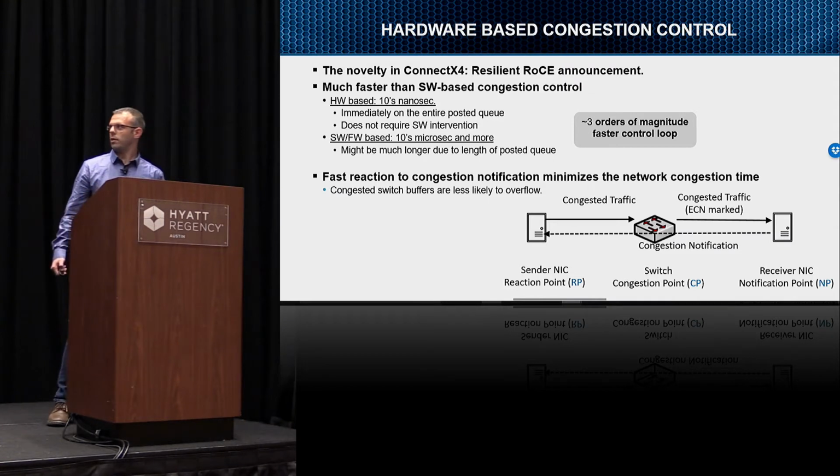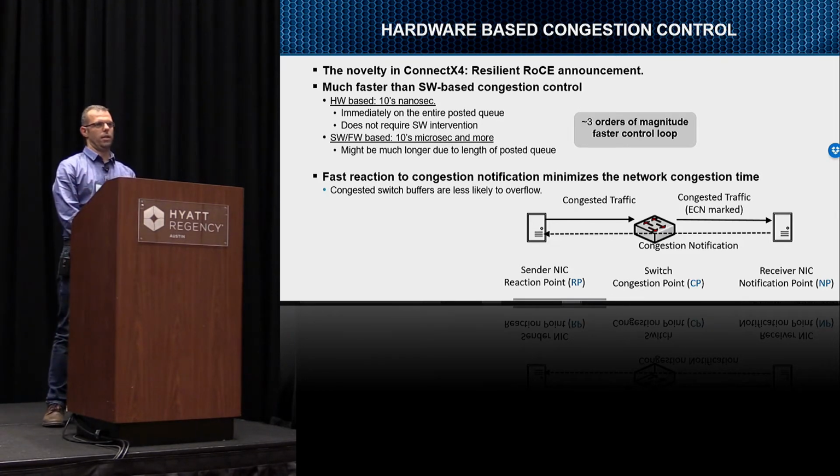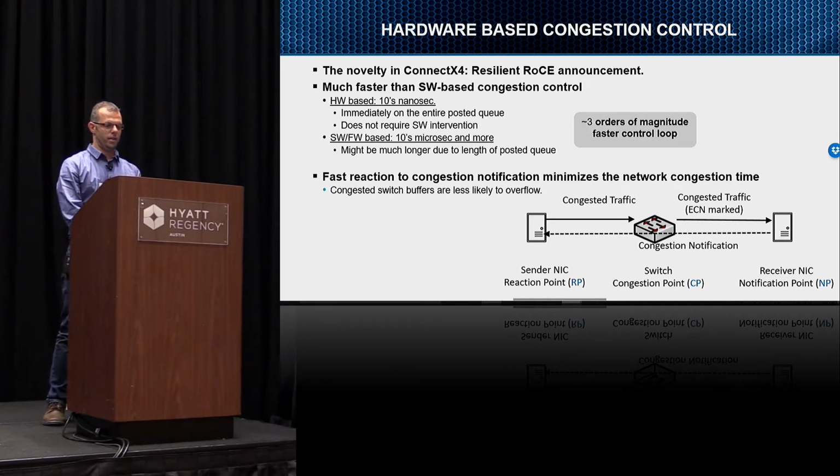So there are several orders of magnitude difference in the reaction time. And fast reaction time to congestion minimizes the network congestion time. It means that now it is less likely that the congested switch buffers will overflow. So we drastically reduce the probability that packets will be dropped or the buffer will overflow.